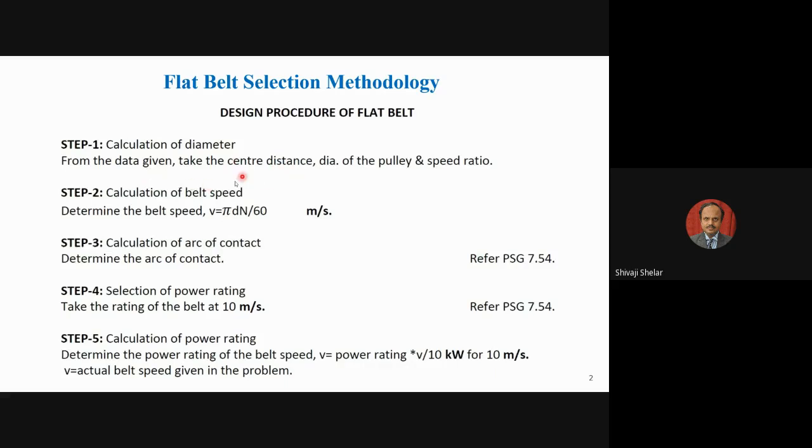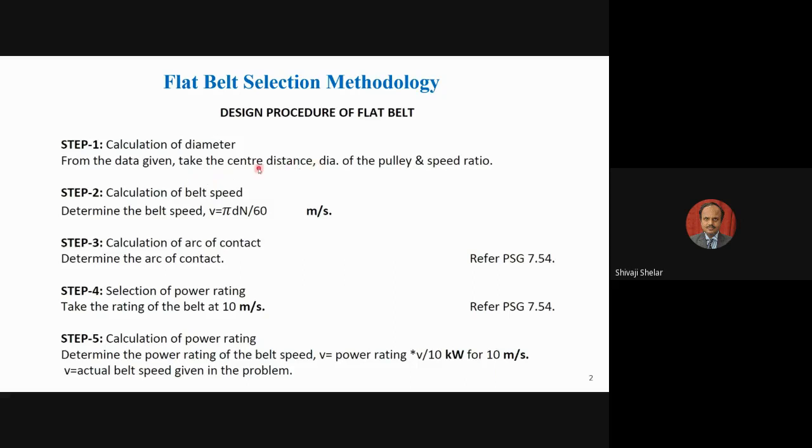Also, center distance. Sometimes this center distance will be specified in the problem, or the customer will specify the range for the center distance. So you have to design your system for that standard value of center distance, and it should be designed such that whatever components we are selecting should take care of the stresses coming on it, and as well as it should have space economy, that it should be occupied within a minimum space.